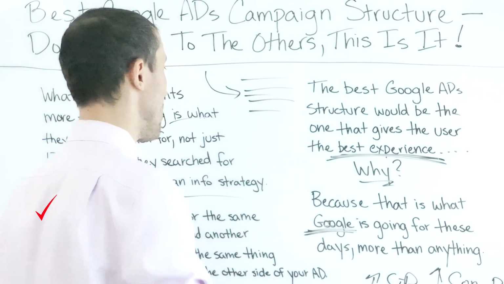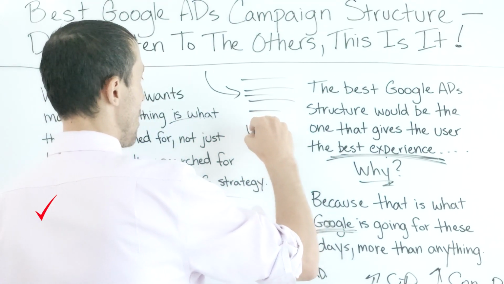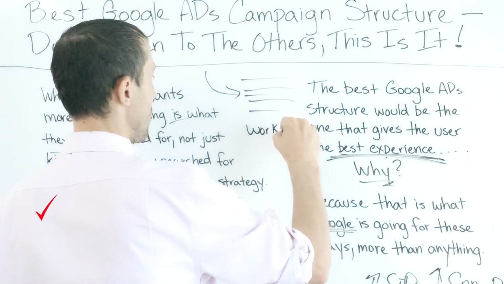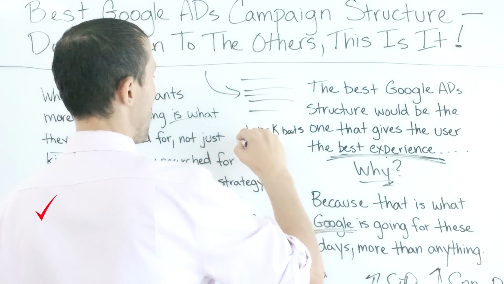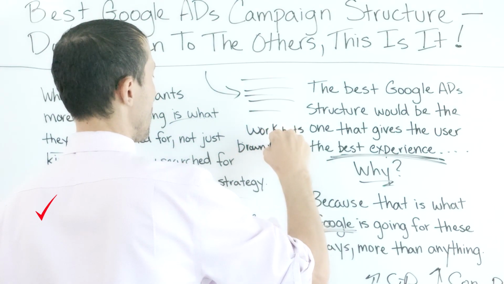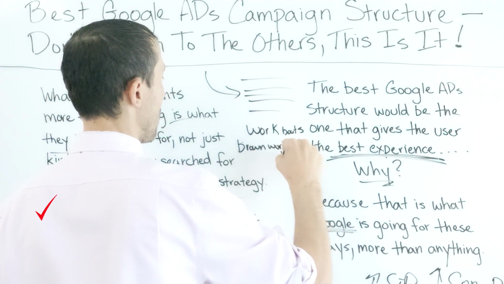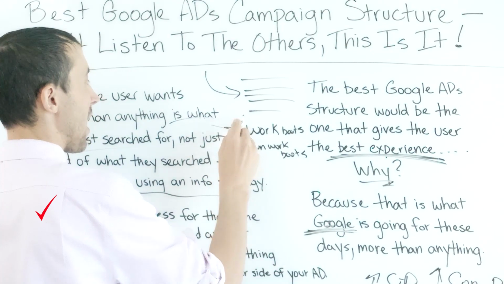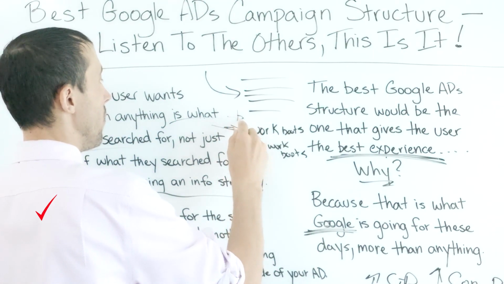So if you're selling work boots and you're targeting the word work boots, and then brown work boots, okay? The ad group that has the keyword work boots is going to have the negative keyword brown.